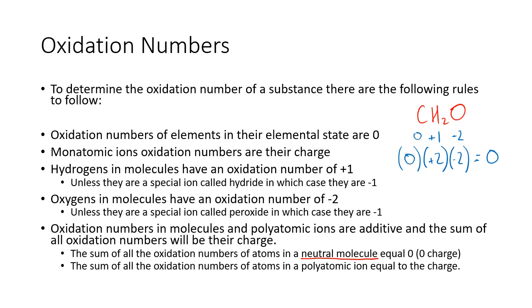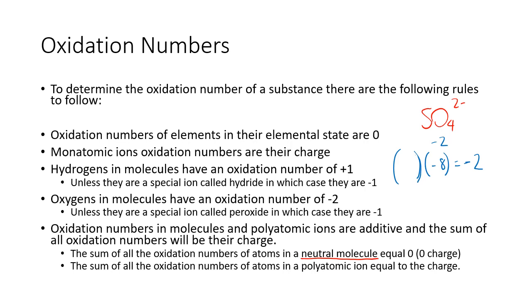Then let's do an ion, a sulfate ion, SO4 2-. We know that the oxygens are -2. There are 4 of them, so that makes -8 in total. We know that the charge is -2, that's the total charge, and that must be the total oxidation number.